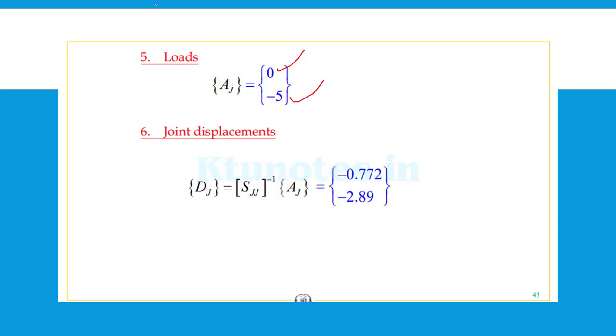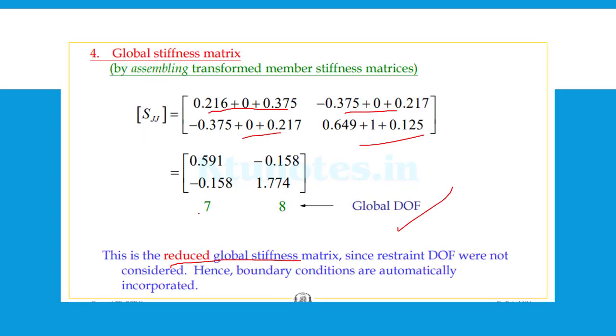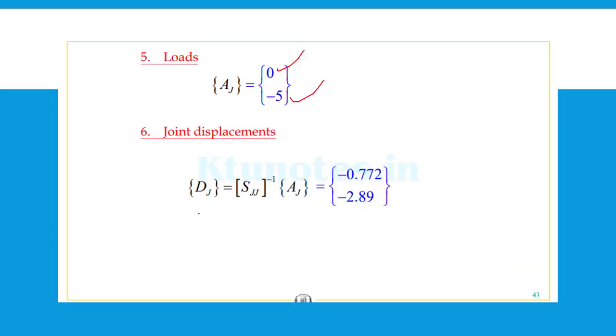For the joint displacement we have DJ is equal to SJJ inverse into AJ. So the value of SJJ from this slide, inverse into AJ, will give you the corresponding joint displacement.